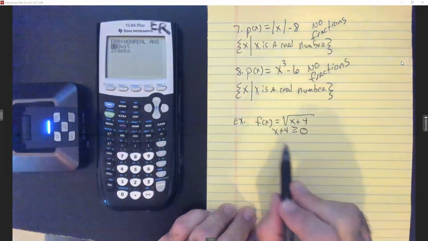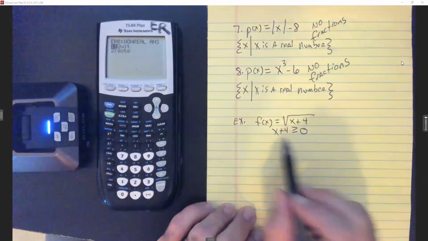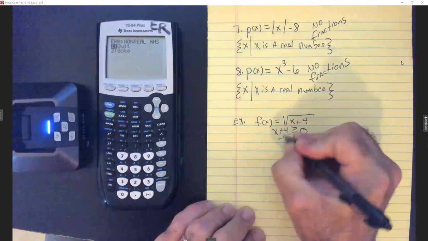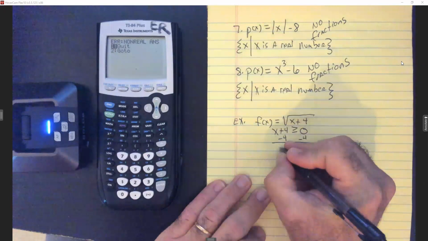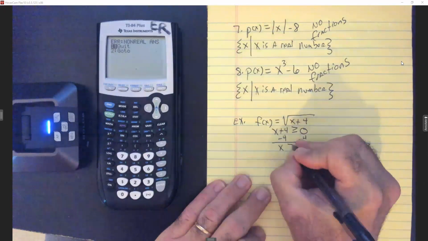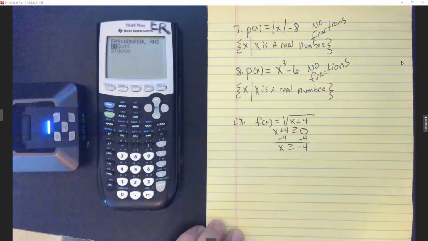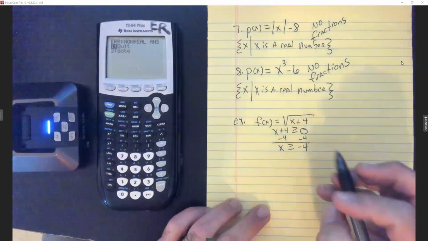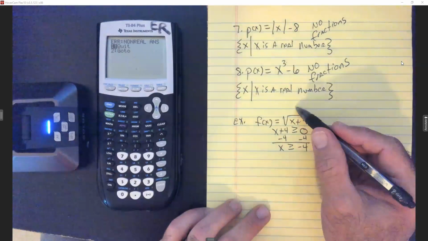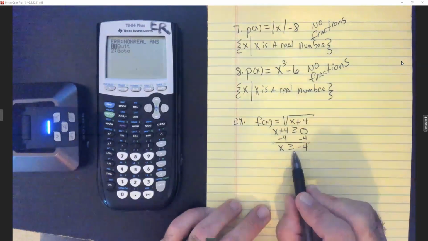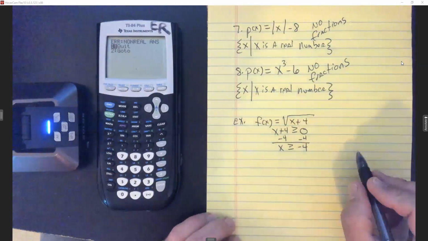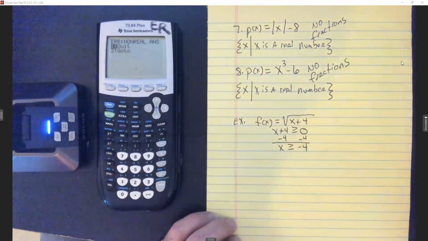So let's see, to solve this, I would what? Subtract 4 from both sides. So that x has to be greater than or equal to -4. Now, -4 plus 4 is 0. I can do the square root of 0. Any number greater than -4 would be like -3, -2, -1, 0, and so on. Those will all keep that positive.